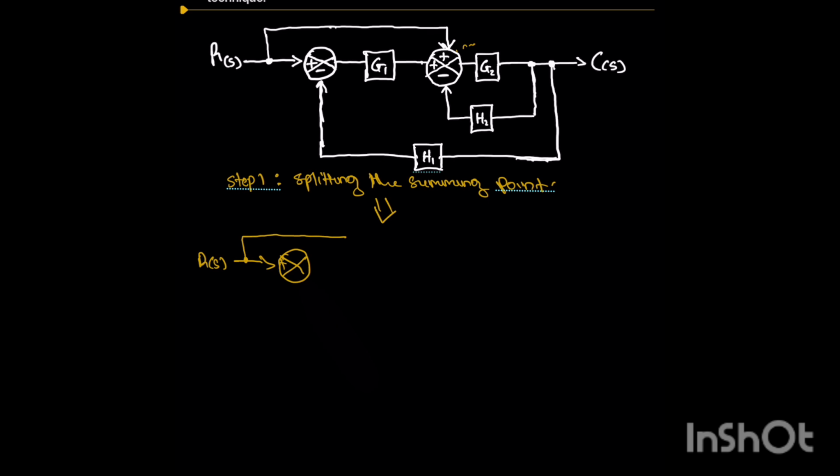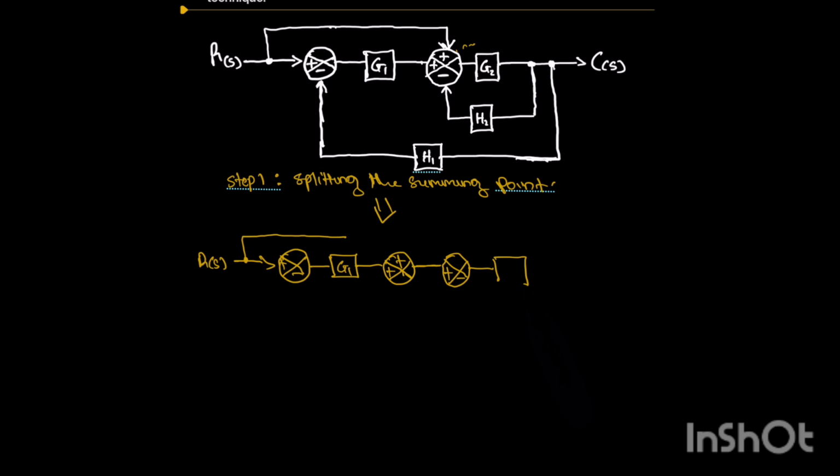This is the first summing point. We have G1 and we have plus plus. So now I'm splitting this summing point now. We have plus plus here, and over here we would have plus minus.